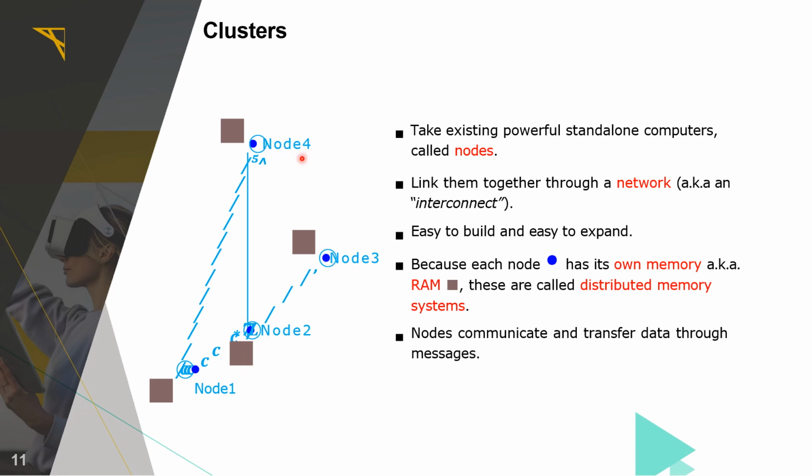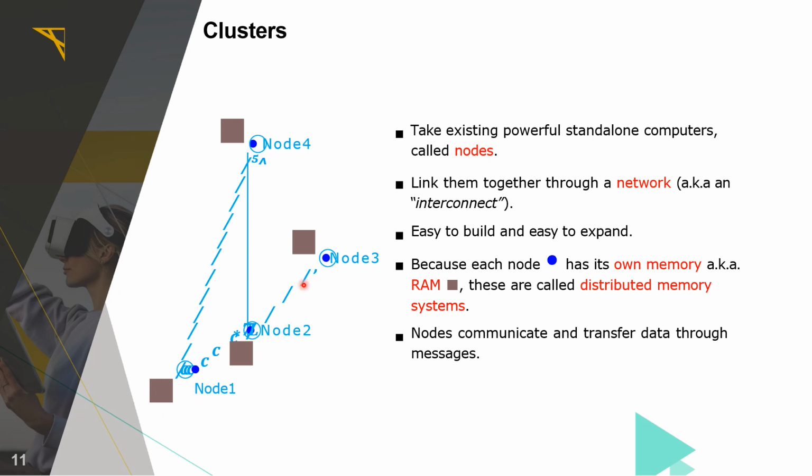Because they're interconnected, they communicate via a high-speed network, which allows them to share data. Node 1 can share data with node 2, and this means they can also synchronize tasks and work together efficiently. Each node has its own dedicated RAM, which is not shared across all nodes. So this node has its own RAM, which is not shared with node 2.